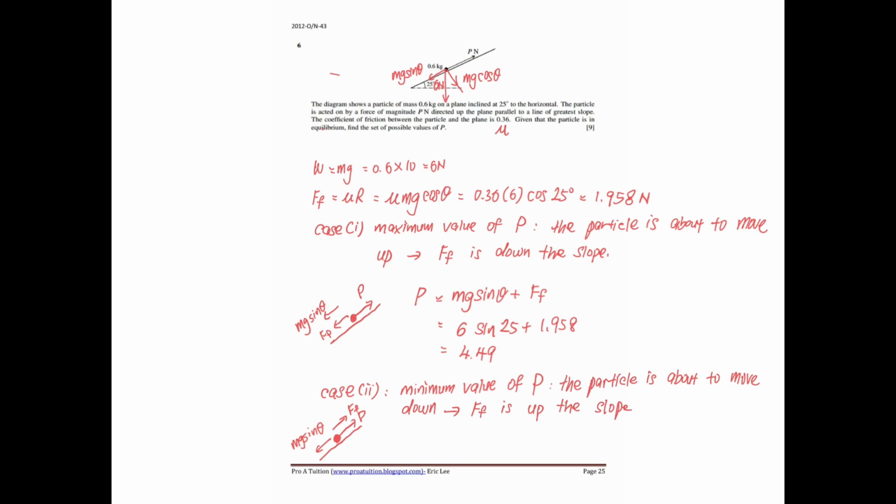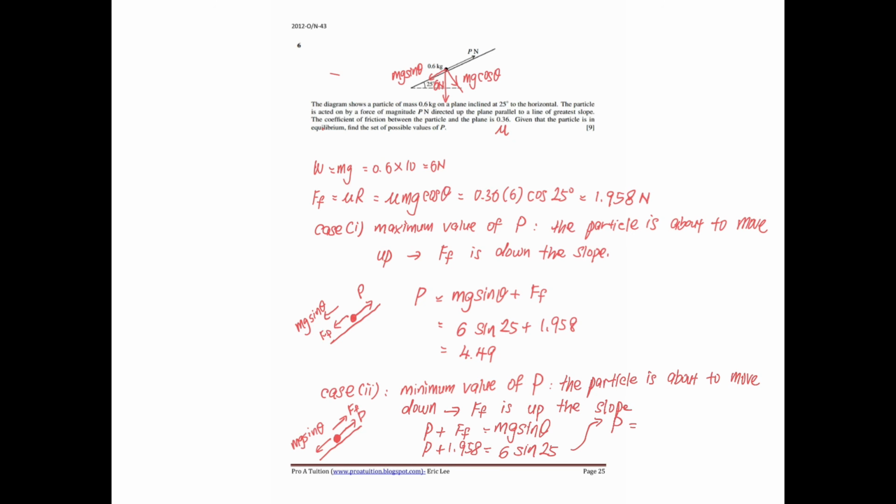So in this situation, we can set up another equation. We can take P plus frictional force equal to mg sine theta. So P plus 1.958 equal to 6 sine 25.